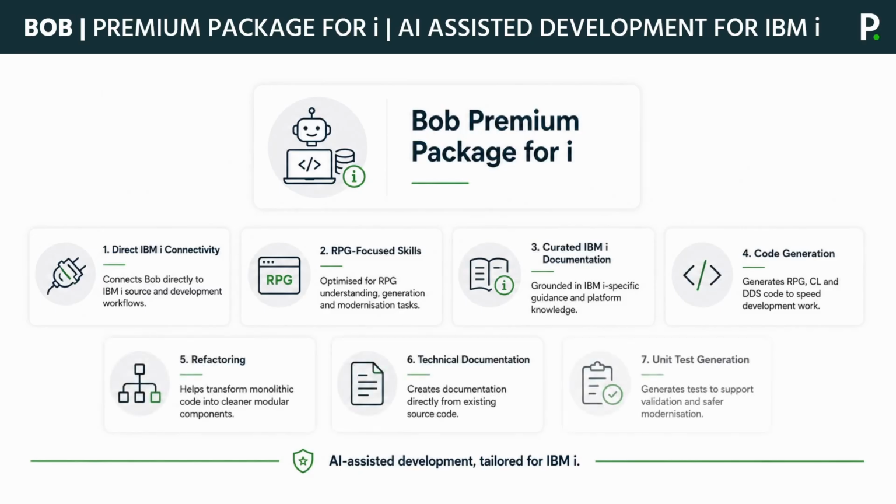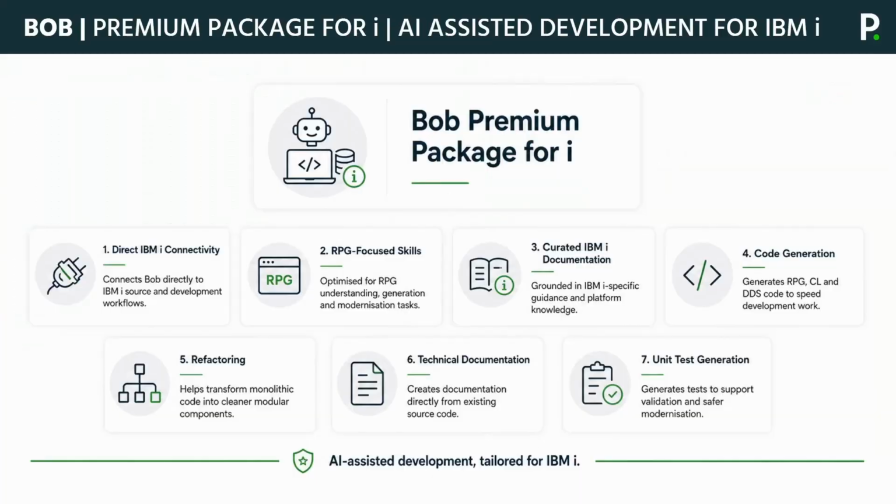The Bob Premium Package for i adds direct IBM i connectivity, RPG-focused skills, curated IBM i documentation, expert RPG code generation with IBM i nuanced refactoring, curated technical documentation, and unit test generation.